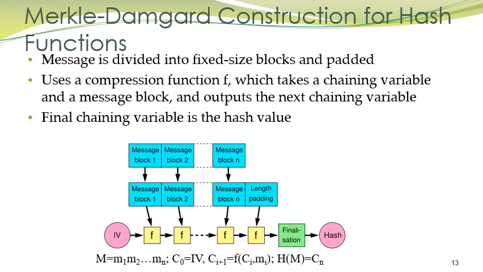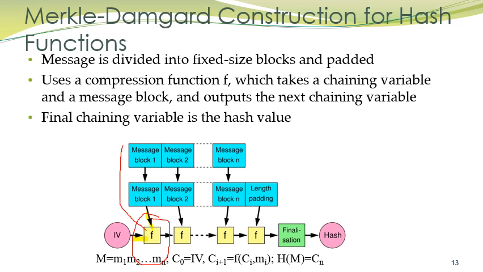You can see in the figure, it has the function f. This function f will take a chaining variable and this message block as inputs.